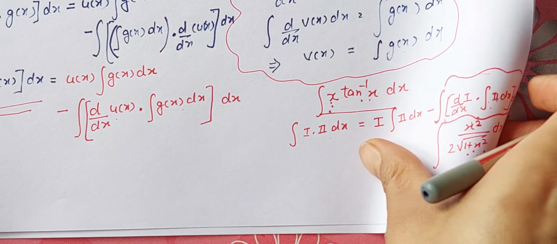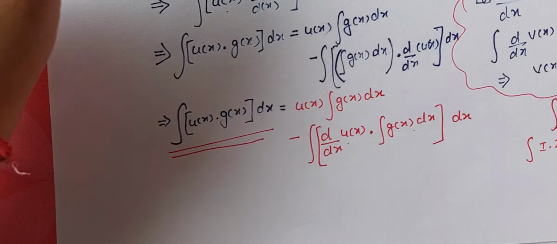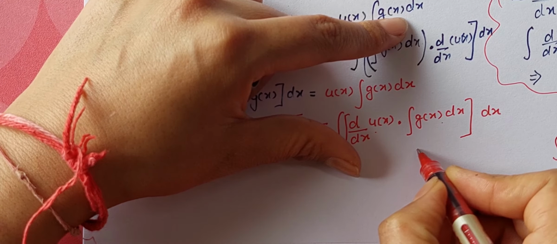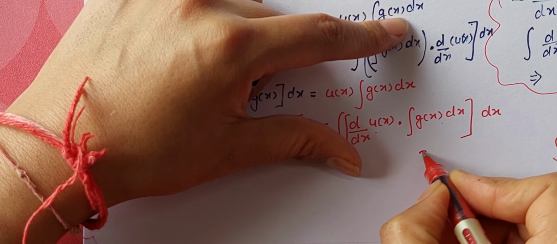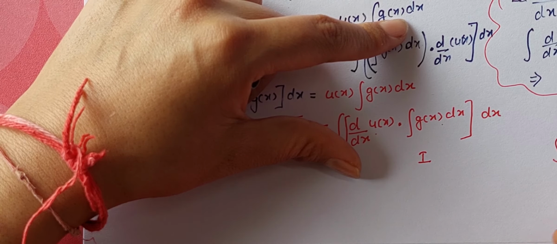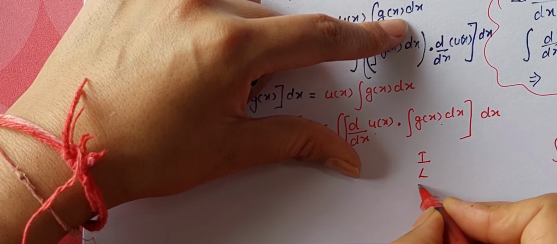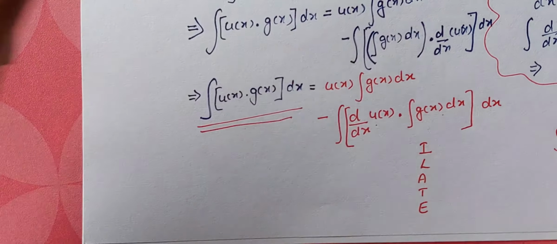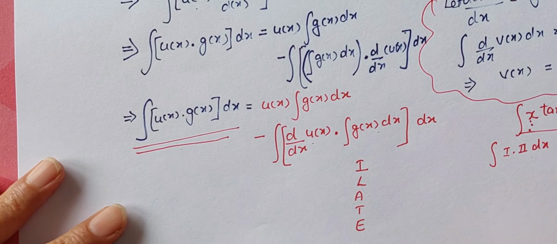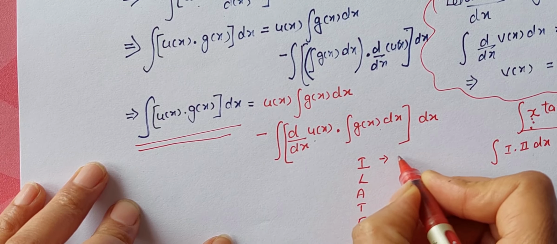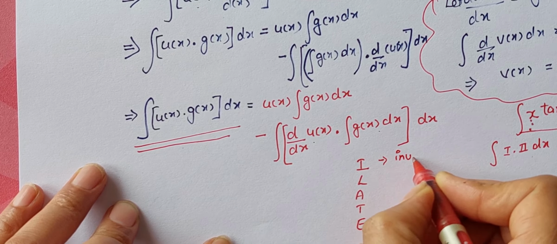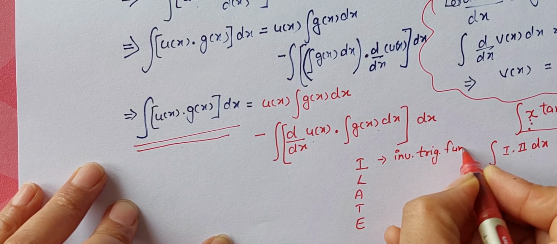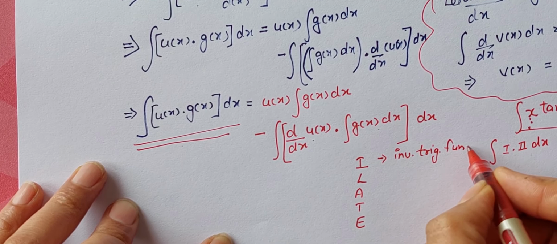So here we have a rule in integration by parts, that we should choose the first function in this order, ILATE. I is inverse trigonometric function, you know that, tan inverse, sine inverse, cos inverse.